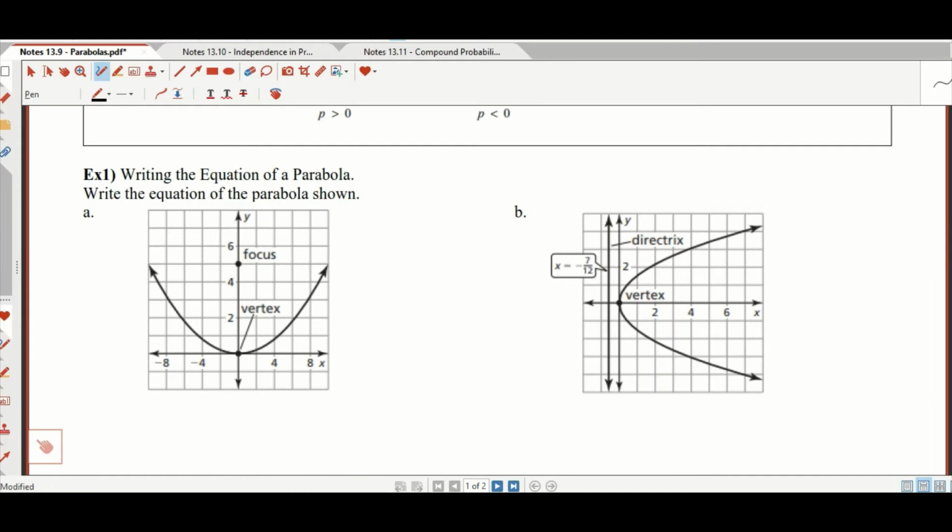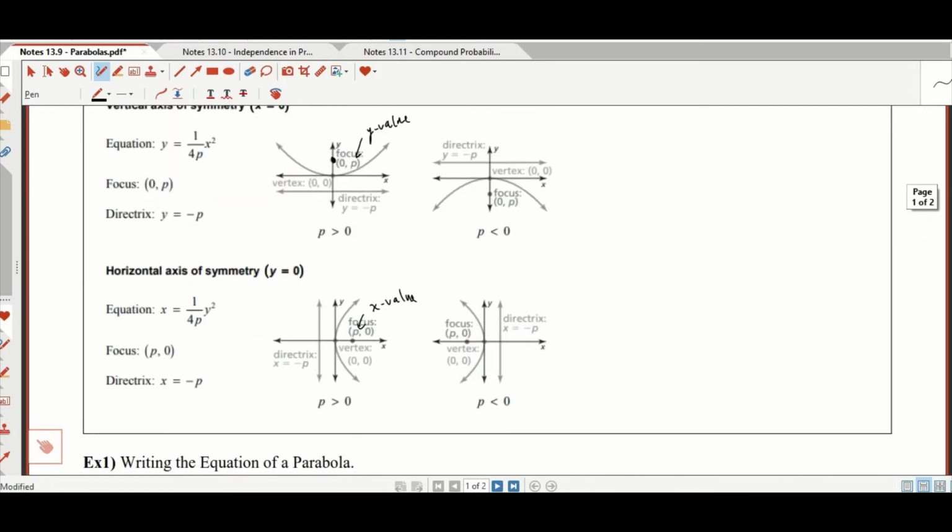So let's look at this guy. In order to write the equation for this, first we have to decide if this is a vertical or a horizontal axis of symmetry. The axis of symmetry is vertical, so this is going to have the form y equals 1 over 4p x squared, and that was just something that we have up here.